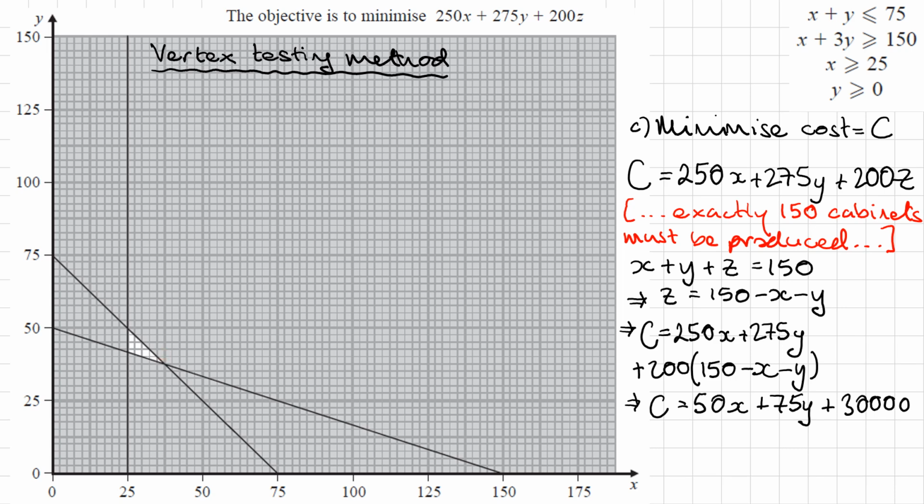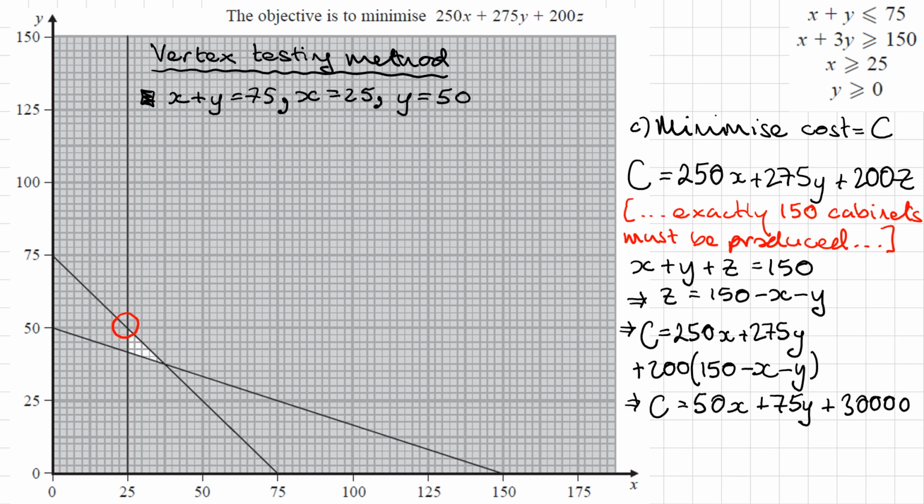So I'm going to start with this vertex here. This is the intersection of the line x plus y is equal to 75, and this line here, x is equal to 25, which means that y is going to be equal to 50.